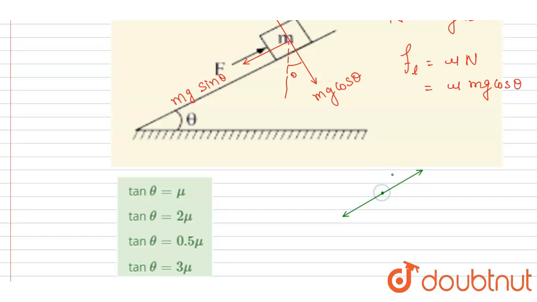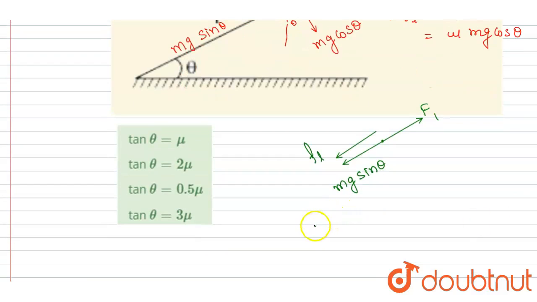With just zero acceleration. So here F will act in this direction, and mg sin θ and the limiting friction force will act in this direction, since the block is moving. Let's say this is F1. So I can write F1 equals mg sin θ plus limiting friction, which equals μ mg cos θ.